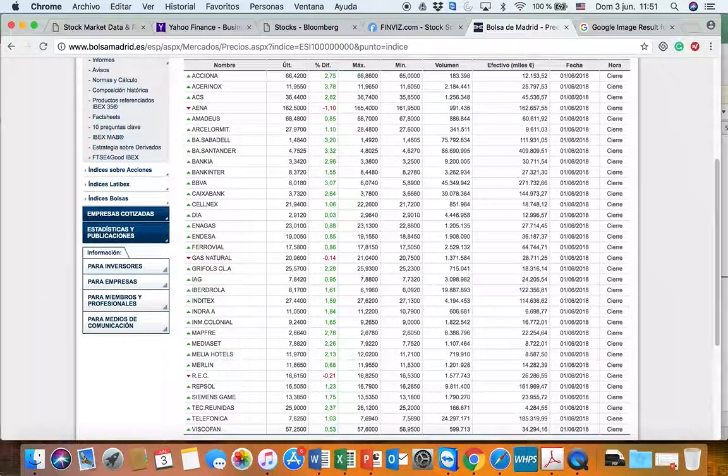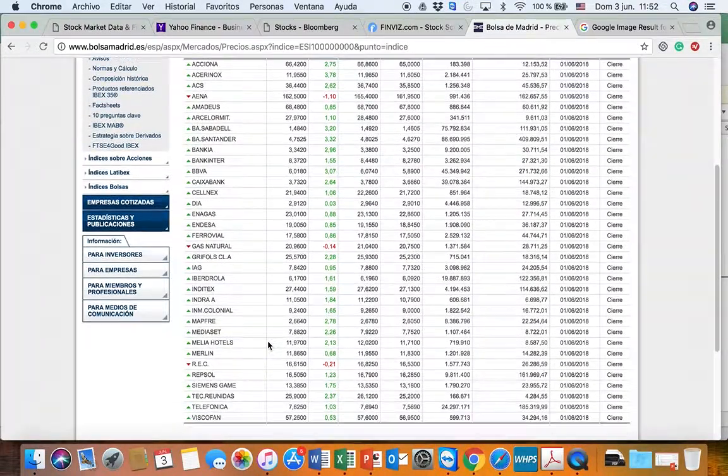The list can change, it can be amended or modified, with inclusions and deletions, and each of them can have different stipulations as to why they're included in the index. It could be due to market capitalization, trading volume, amongst other factors. So here we see 35 companies.